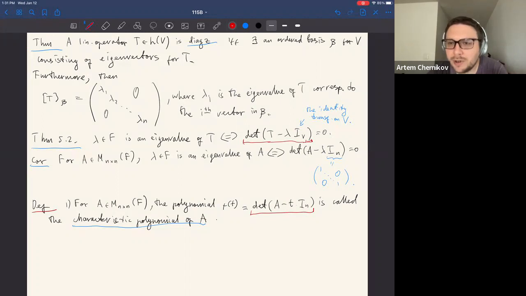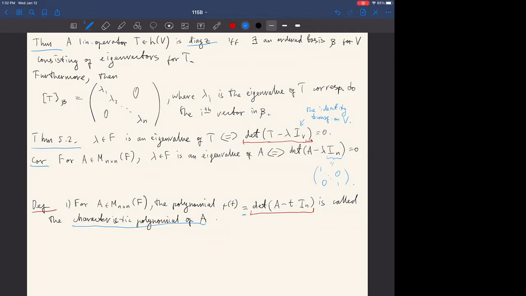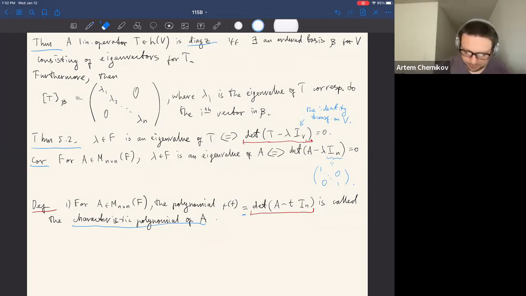What is the symbol after polynomial supposed to be? Which symbol do you mean? This is just the equality. I'm just defining f of t to be this expression. Oh, okay. Sorry, I just couldn't tell that it was an f. Sure, no worries. Let me write it more clearly. I guess it's curlier than needed.